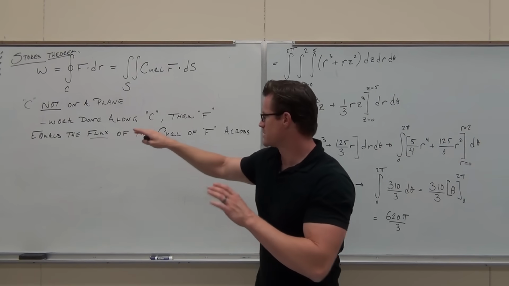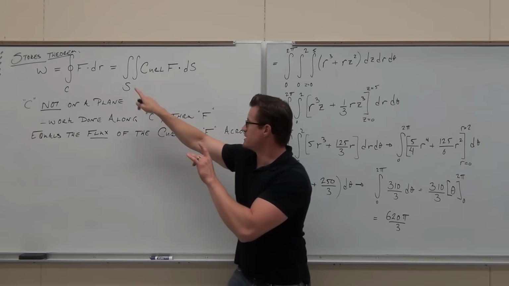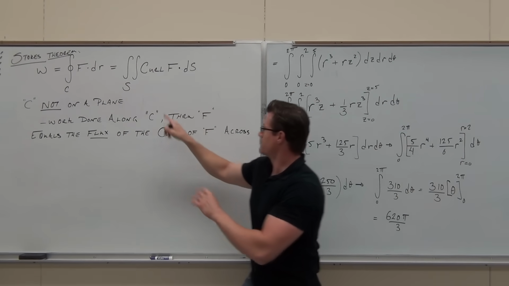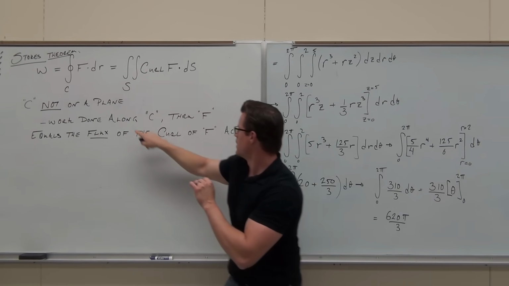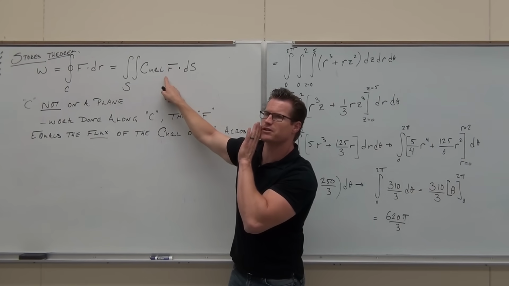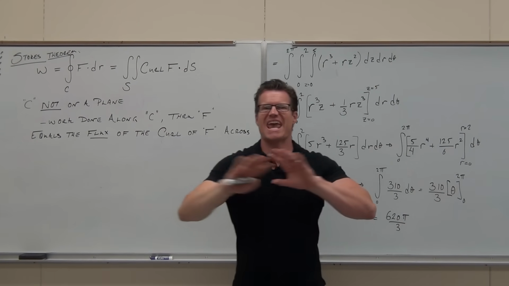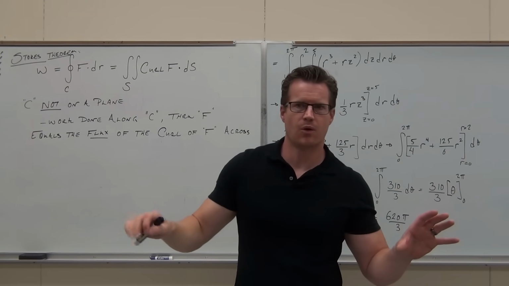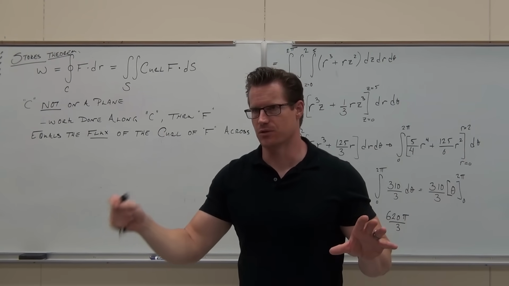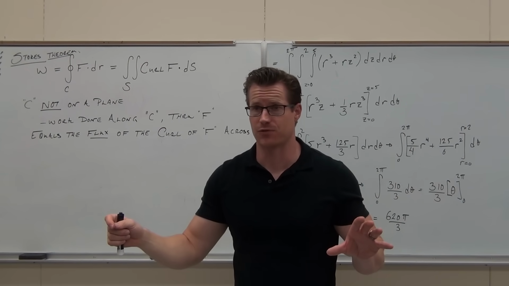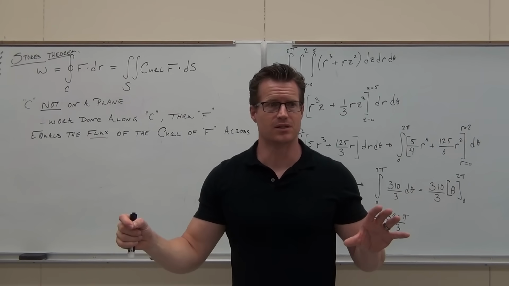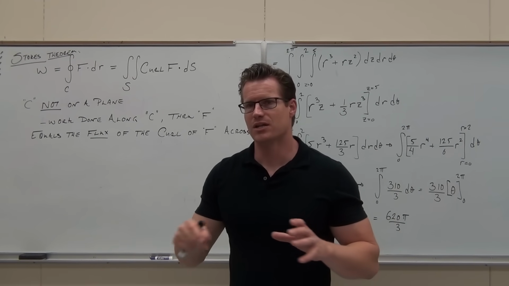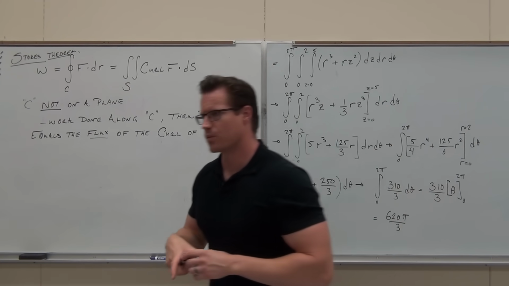So this says that the work done along C through F equals the flux surface integral of the curl of F, still a vector field, across any surface where C is the boundary of that surface. That's freaking cool. Does that mean we need a surface? Yes. Does it mean that any surface will do? Yeah. As long as C is the boundary, that's what's important.